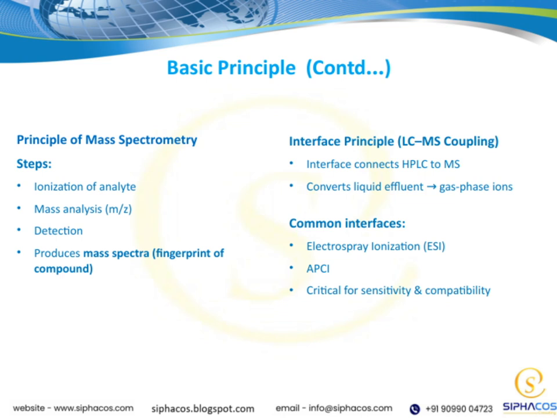That mass spectrum is essentially like a fingerprint for the compound we're analyzing. It provides detailed information about the molecular structure and composition. So, in summary, the interface ensures efficient transfer and ionization, while the mass spectrometry process gives us a detailed fingerprint, everything working together to identify and quantify compounds accurately.